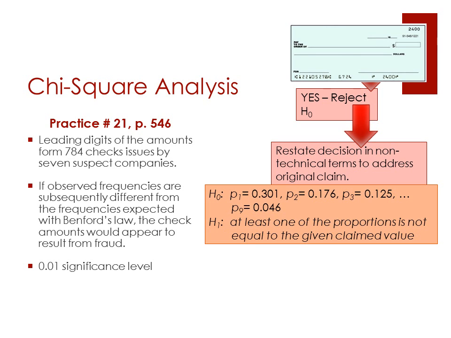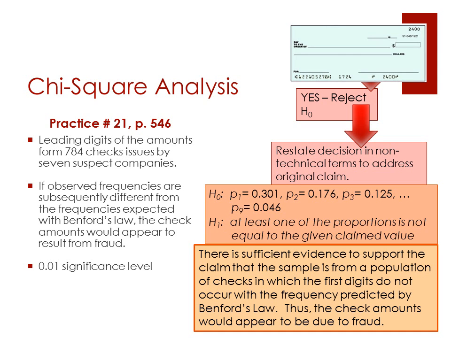So we've rejected our null, and we need to restate our decision in non-technical terms. Here we have our hypotheses again to work with. And so restating this, there is sufficient evidence. Notice again we have our opening statement, sufficient evidence or not sufficient evidence. So in this case there is sufficient evidence to support the claim that the sample is from a population of checks in which the first digits do not occur with the frequency predicted by Benford's law.